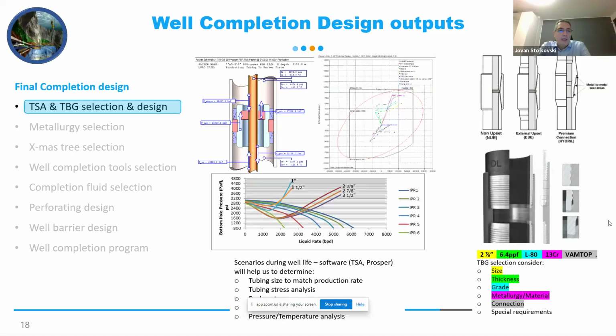As I mentioned at the beginning, for tubing stress analysis and tubing selection there are many software packages on the market, so I will not list them all. The most used one for tubing size selection, compared with the production estimation, is Prosper. For tubing stress analysis there is Wellcat, PipeSim from Schlumberger, and Oliasoft launched another software also for tubing stress analysis.